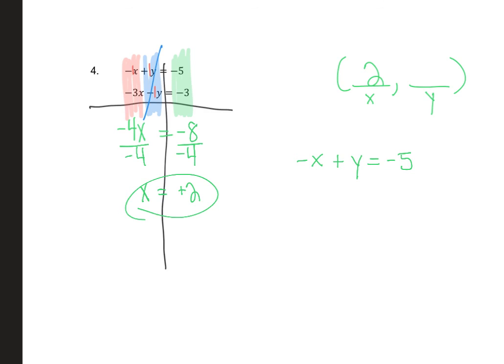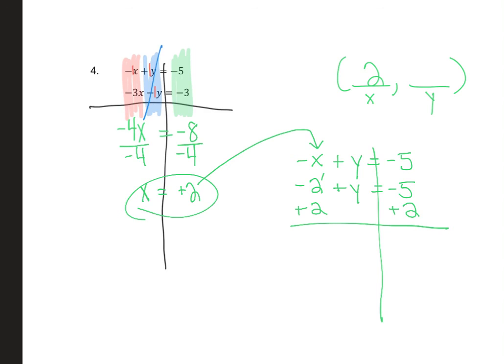So I'm plugging in. Now, when I plug in this 2 into this equation, what the equation says is the opposite of x, or negative x. We can read this as the opposite of x. So if x is 2 and it says the opposite of 2, this is actually going to be -2 plus y equals -5. So I'm going to add 2 to both sides.